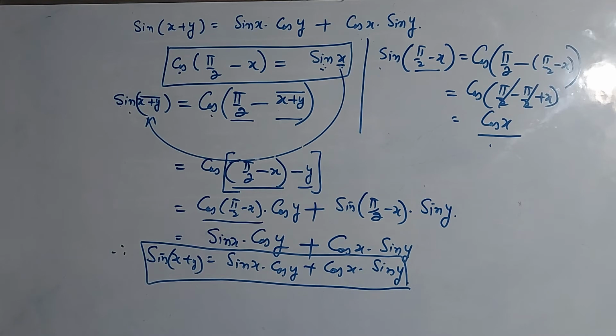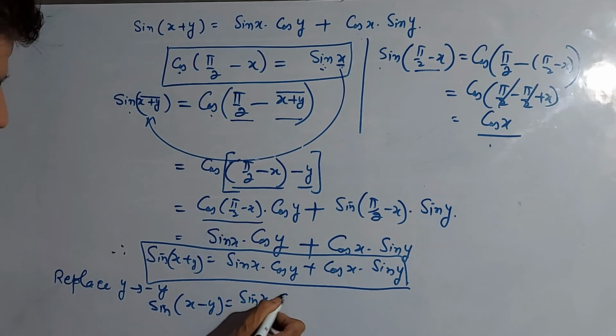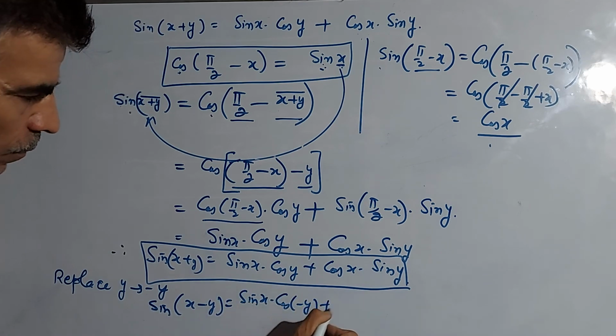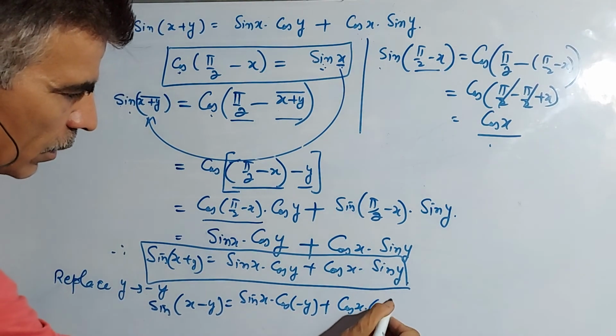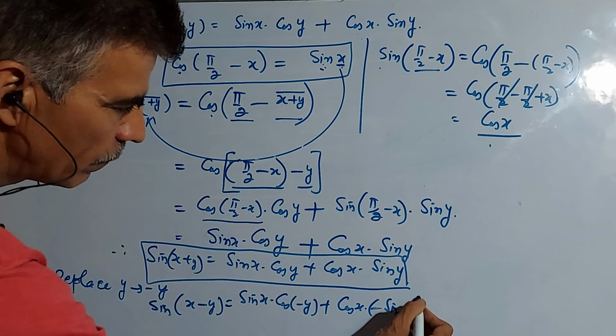Now see, if we replace y by minus y, here we get sine of x minus y is equal to sine x cos of minus y plus cos x sine of minus y.